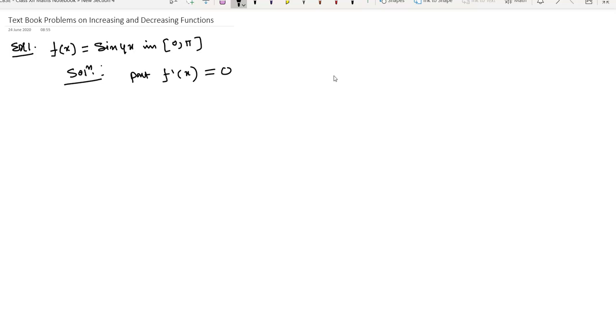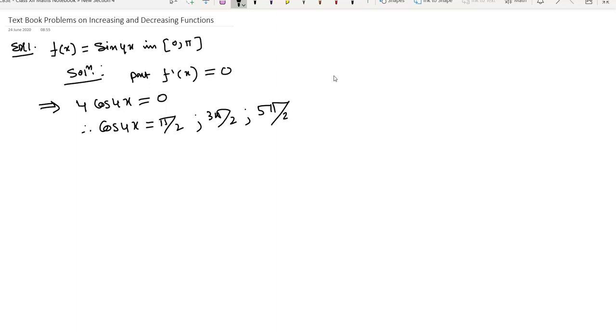What does this imply? This implies that 4 cos 4x equal to 0. So 4x can have value pi by 2, 3 pi by 2, 5 pi by 2, 7 pi by 2 and 9 pi by 2.